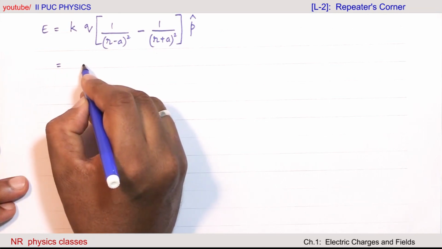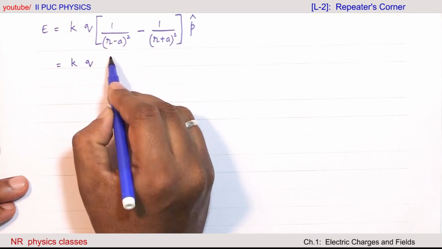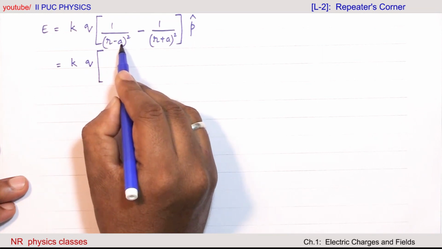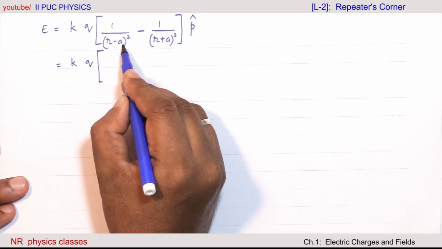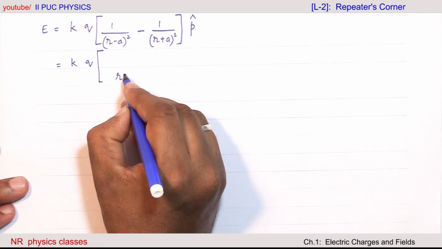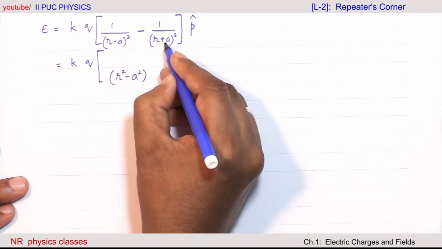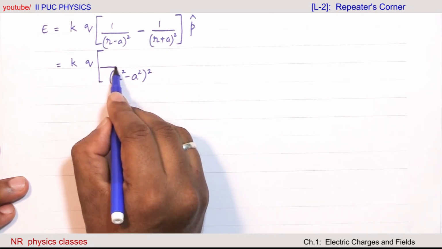Equal to constant Q, R minus A R plus A. Observe, R minus A times R plus A is R square minus A square. There is a square for both the terms, therefore square. So this is the LCM.